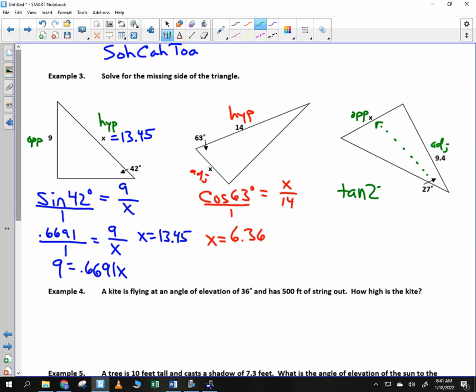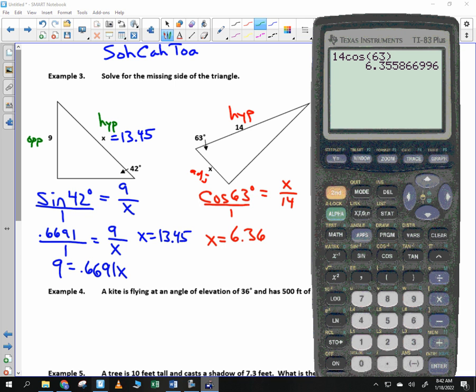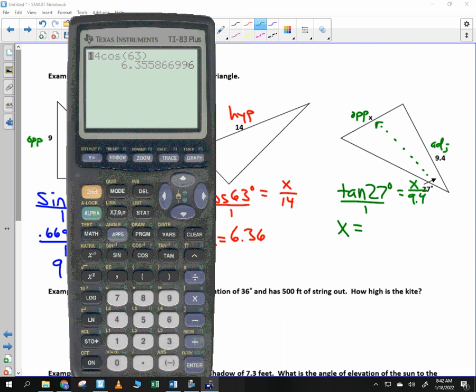Tangent of 27 degrees is equal to x over 9.4. I will cross multiply. X times 1 is x. And then I will take 9.4 times the tangent of 27. I get 4.79.